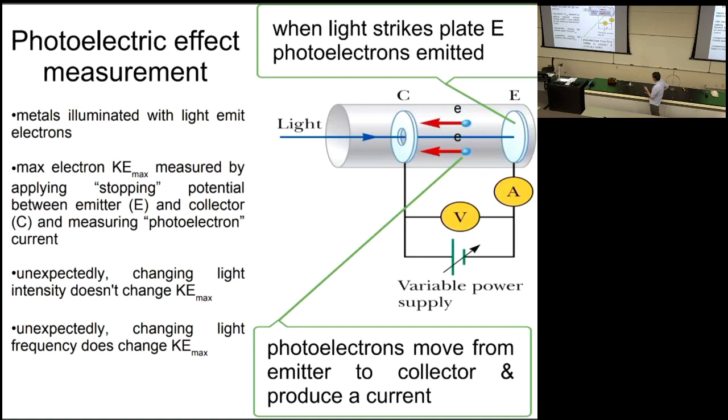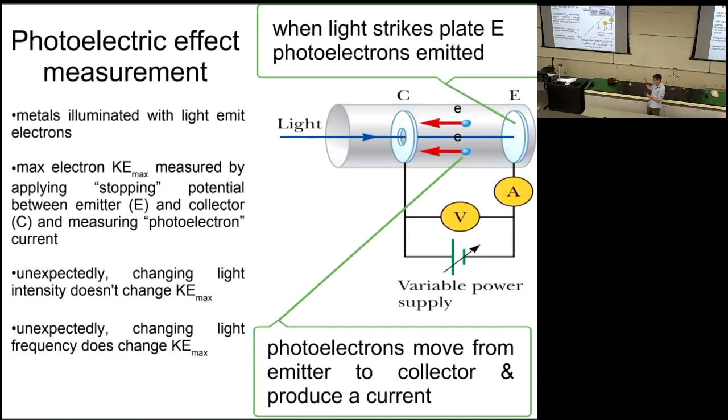So here's a source of light on the left-hand side. This is a beam of light in blue traveling from left to right. It strikes a metal surface, maybe zinc or nickel or whatever metal this was, over here. We said that light can literally liberate electrons from the surface.